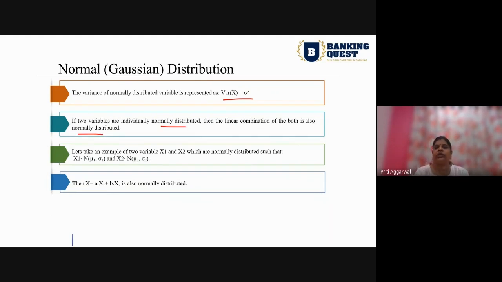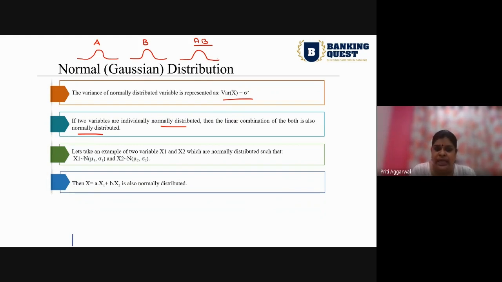That is the assumption: if there are two securities, A security and B security, and I am developing a portfolio of securities, and A has a normal distribution and B also individually has a normal distribution, then when I create a portfolio of AB, definitely it will also have a normal distribution.